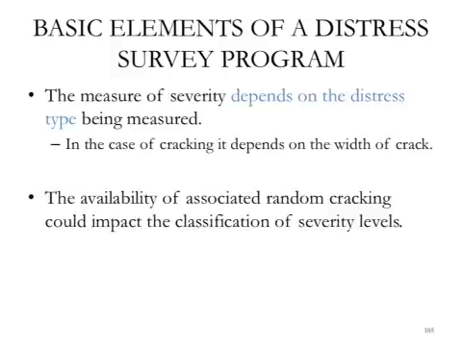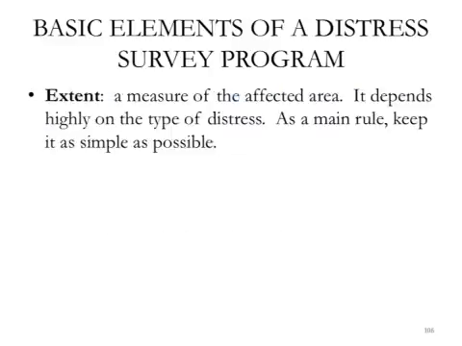So the measure of the severity would typically depend on the distress type. For example, in the case of cracking, it really depends on the width of the crack. The presence of any associated random cracking could significantly impact the classification of the severity levels.